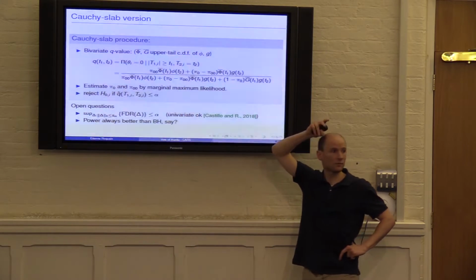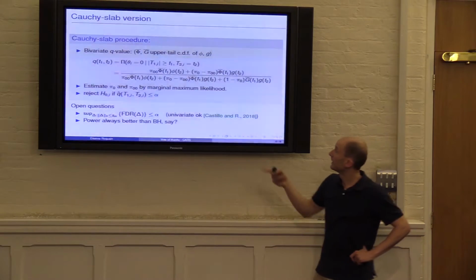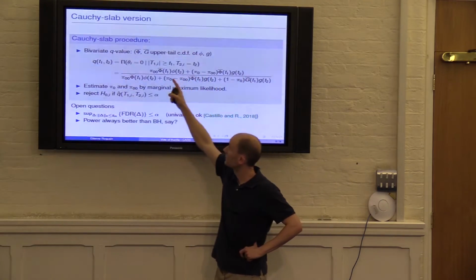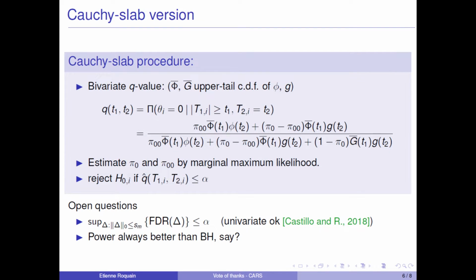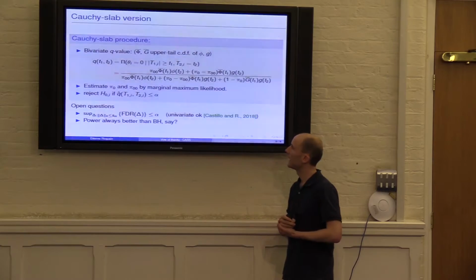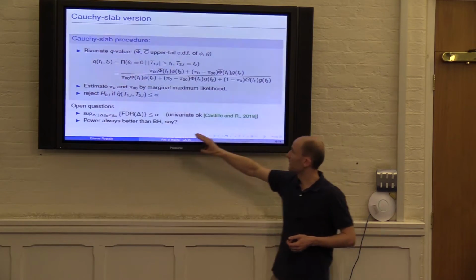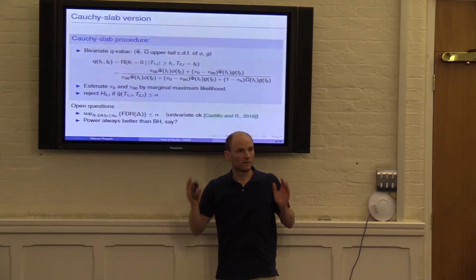And if you use a Cauchy prior, all these quantities are known because you know what the Cauchy is. The only terms that you should estimate are pi 0 and pi 0,0. You can do that by marginal maximum likelihood, for instance, from T1 and T2. So the procedure is very simple, and just after, you reject the Q values smaller than alpha, and you're done.